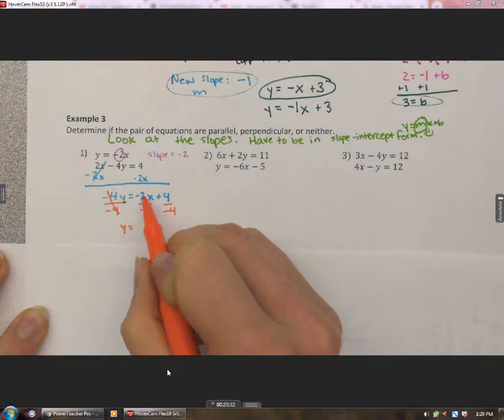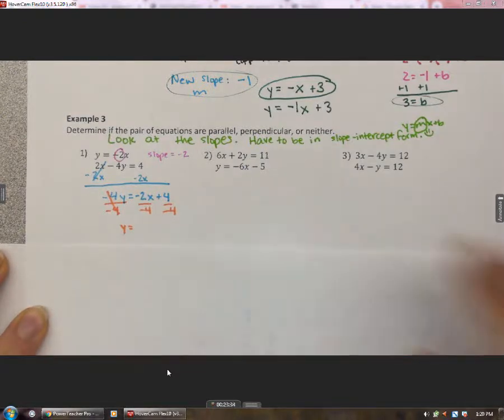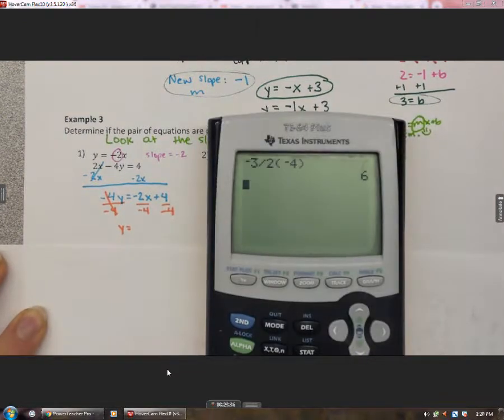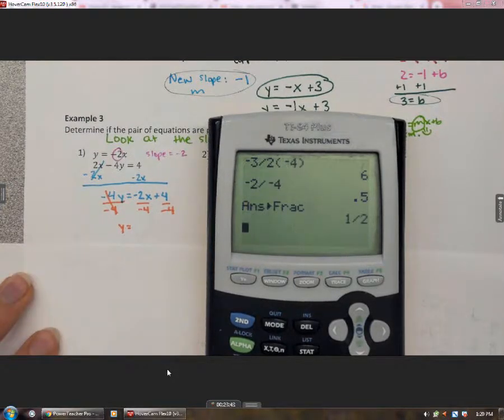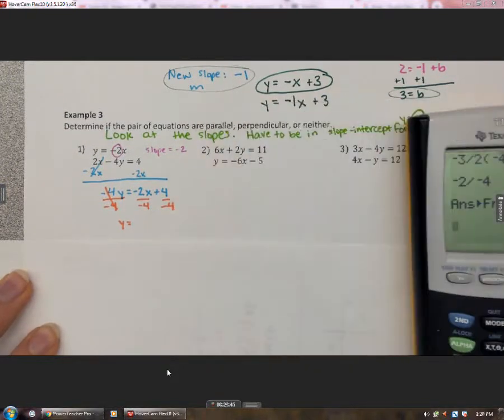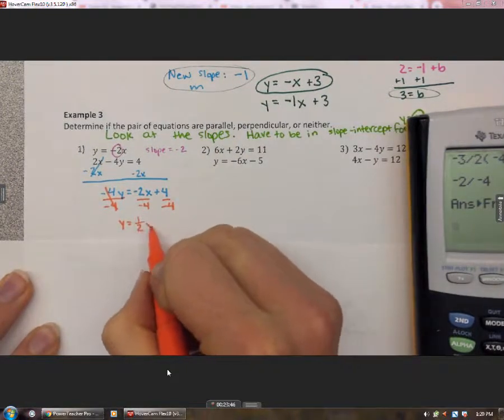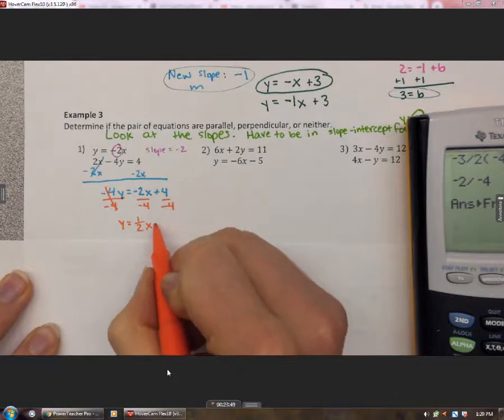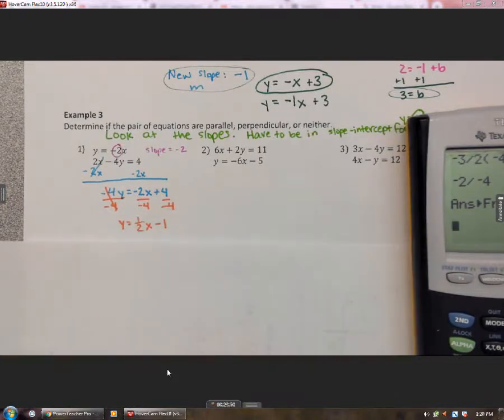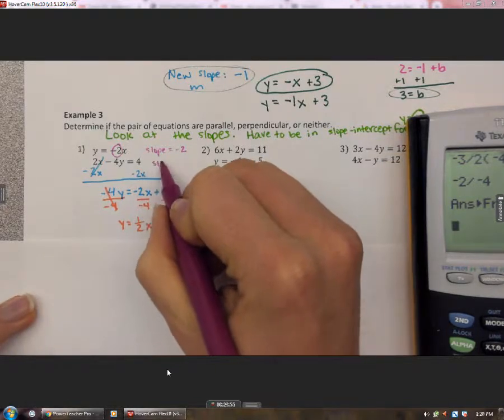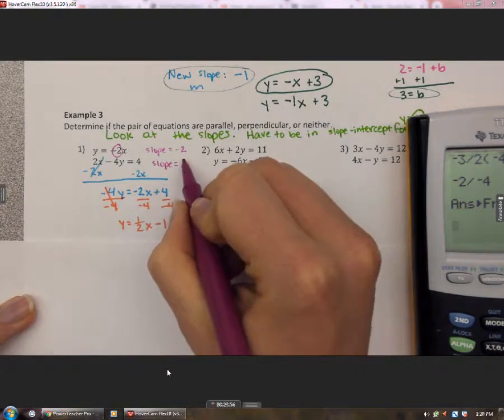Y equals -2 over -4. If you weren't sure, -2 over -4, don't write 0.5. Doesn't help us. Math enter enter is 1/2. 4 over -4 is -1. What's the slope of this line? Slope equals 1/2.